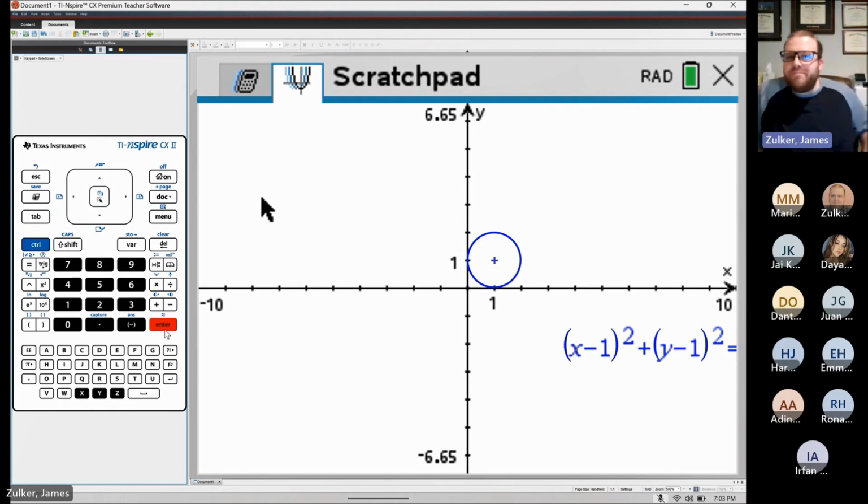This circle is not symmetric about the y-axis, not symmetric about the x-axis, and not symmetric about the origin.